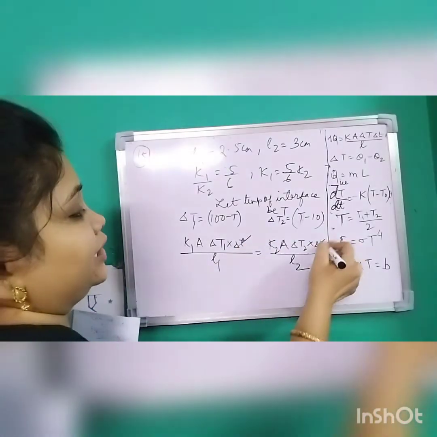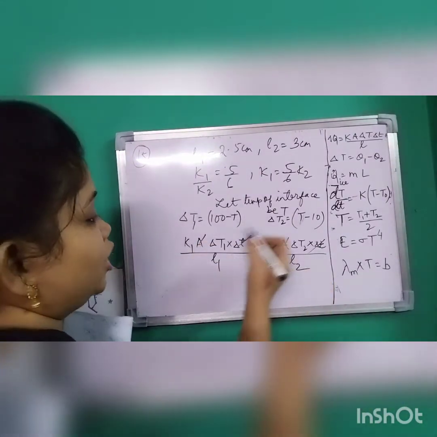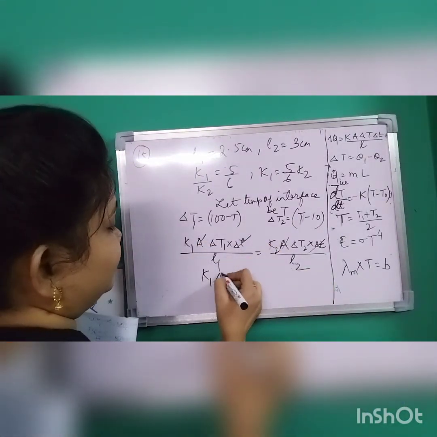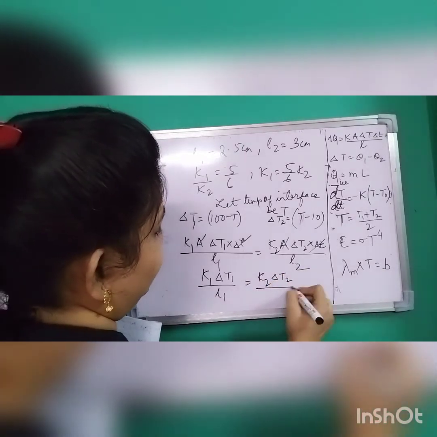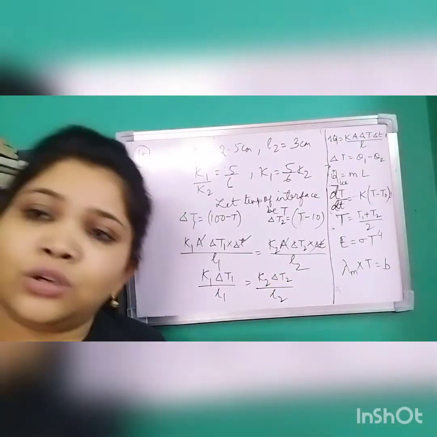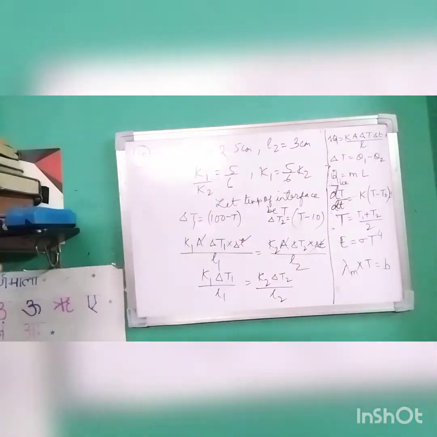So the time cancels, A gets cancelled. We are left with K1 delta T1 by L1 is equal to K2 delta T2 by L2. Now we will be putting the values.